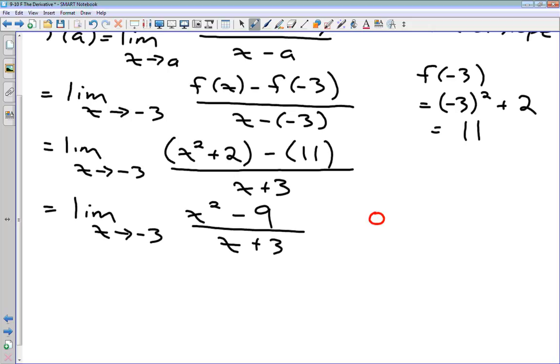And then down in the denominator, we get -3 plus 3, which is also 0. So our limit evaluates to 0 divided by 0. We don't like this. 0 divided by 0 is something that we can't really work with. So what do we need to do here to evaluate this limit? Do a difference of squares. We're going to factor that numerator.